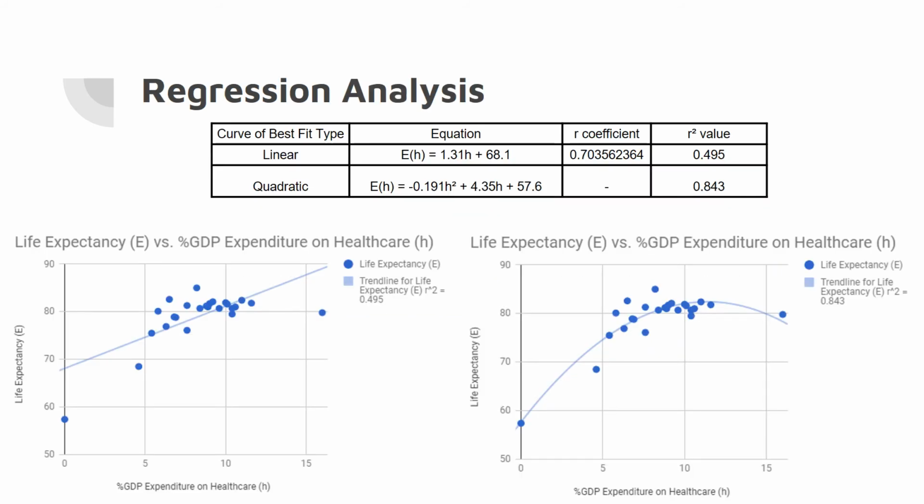Well, now we're going to examine the two variables against each other. So as you can see, I produced this table, and first of all, let me talk about what I really did. I ran multiple correlation tests and regression analyses, and then I found there was a moderate positive linear correlation between percent GDP expenditure and life expectancy.